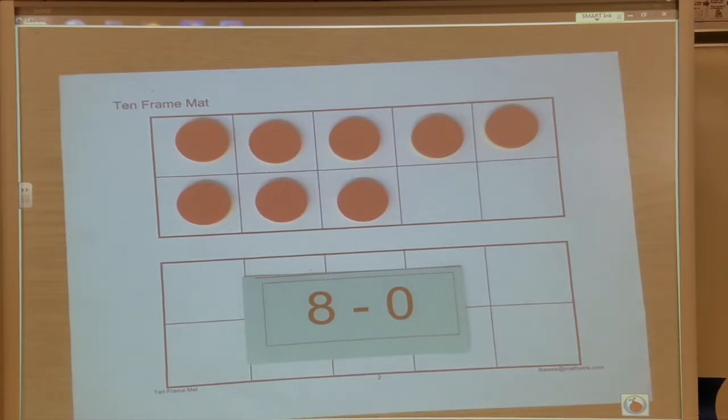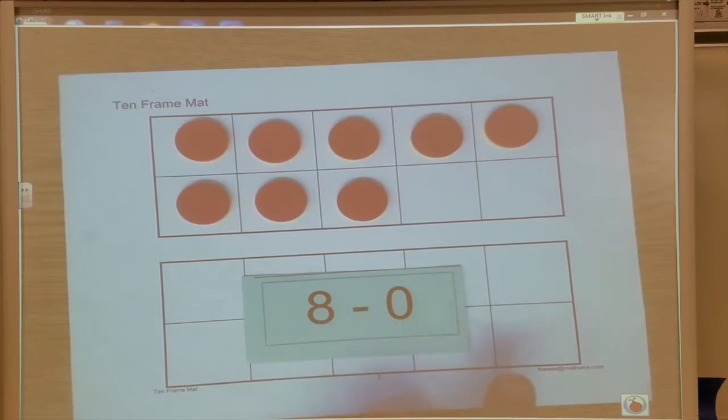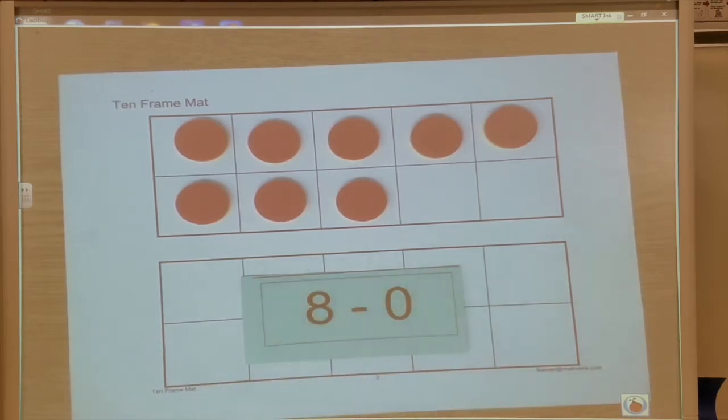And there would, of course, be 8 fish still swimming in the pond. You want students to explain how they know. So they would begin to say, well, I know that there are 8 fish left because no fish swam away. So whenever I'm taking away 0, my answer is always the number that I started with. So it's a very big understanding.